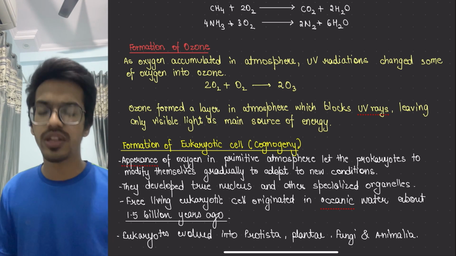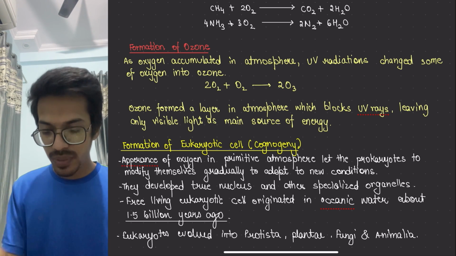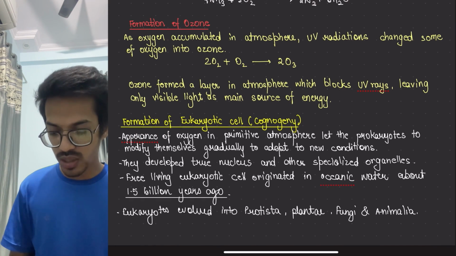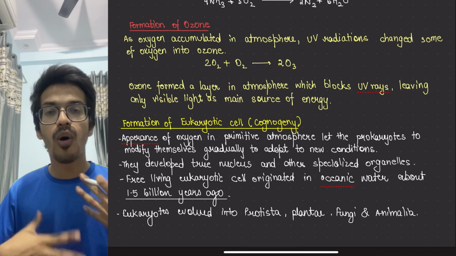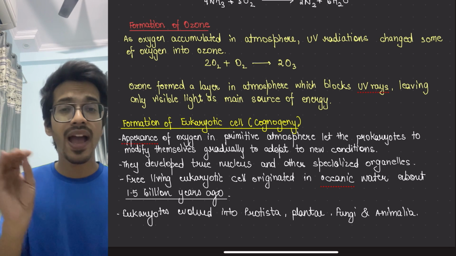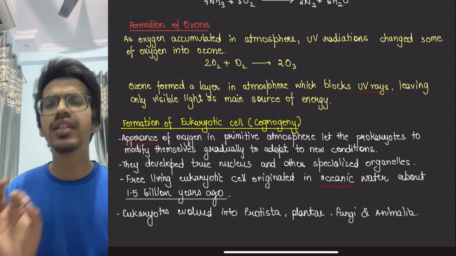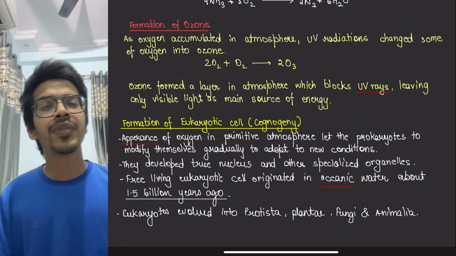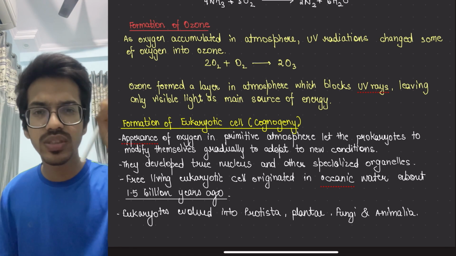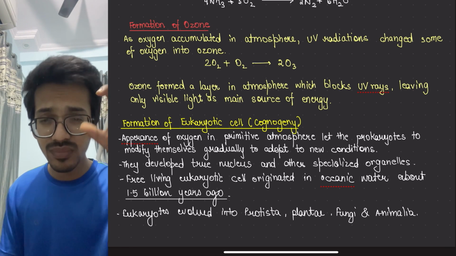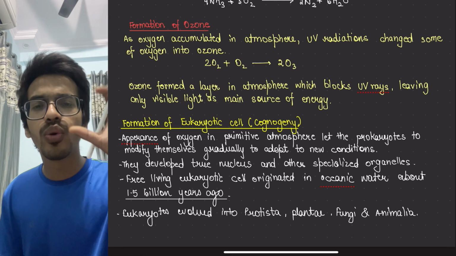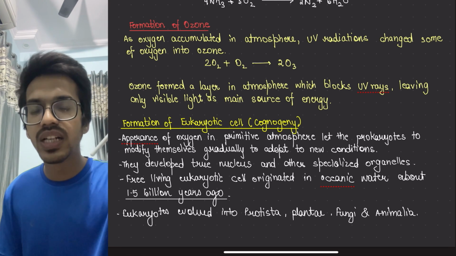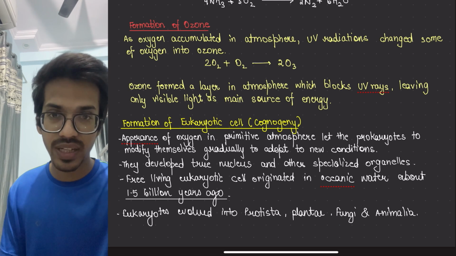Let's come to the eukaryotic cell, how that forms. In the primitive environment, the prokaryotes present there modified with the changing environment. One such modification is a very classic example of a master and slave kind of relationship. Certain photosynthetic bacteria which have chlorophylls were engulfed by these eukaryotic cells.